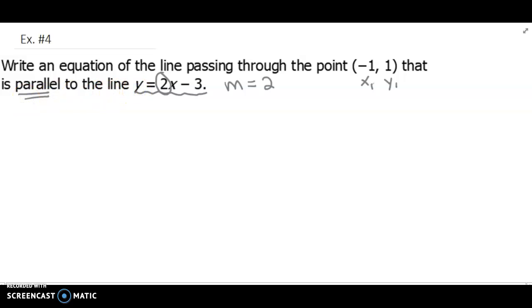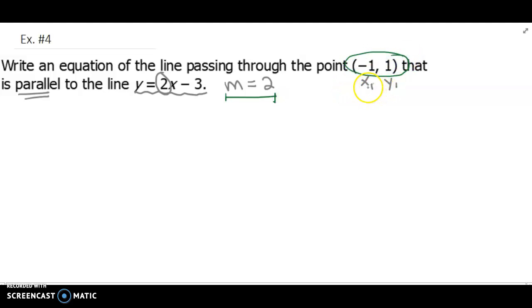You need to ask yourself, if you know it's parallel to this line, what does that tell you about the slope of what we want our new line to be? If it's parallel, that means we want the slopes to be the same. So this new line is going to have a slope of 2, and it's going to pass through this point.